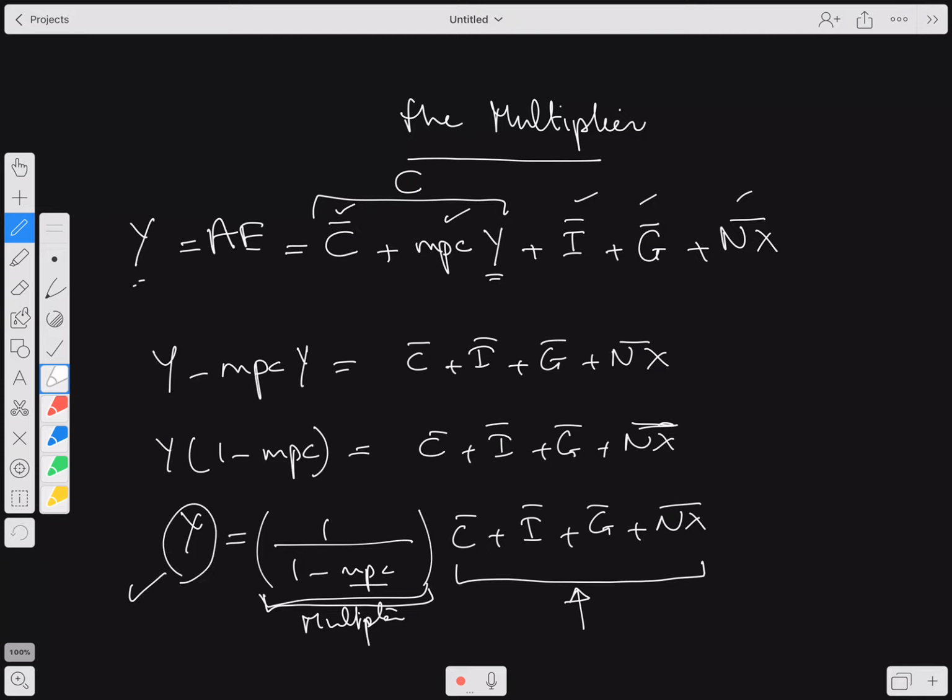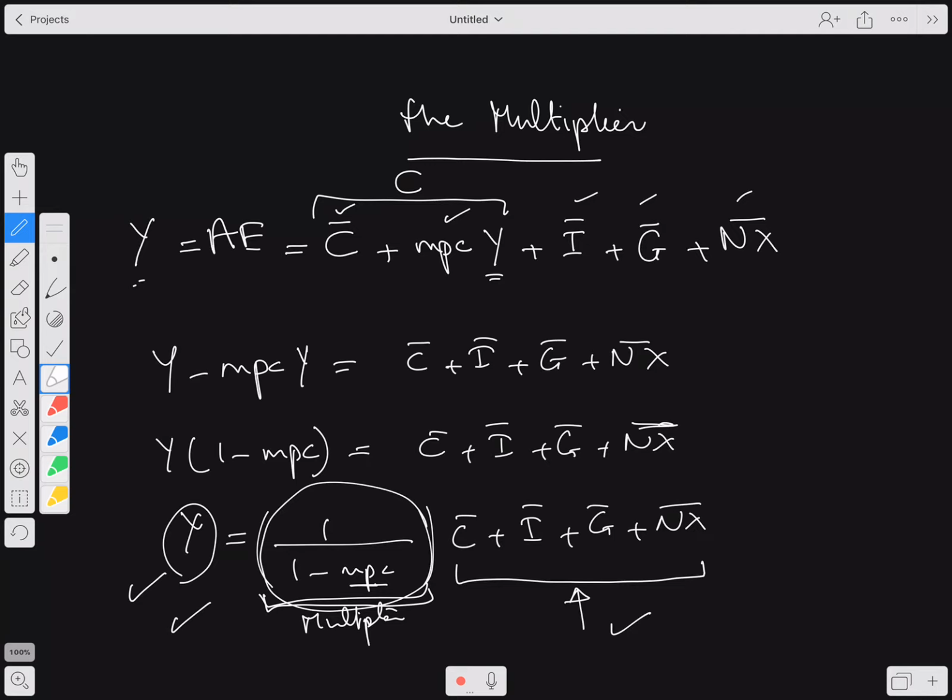And given that this MPC is less than 1, then this whole term would be greater than 1.